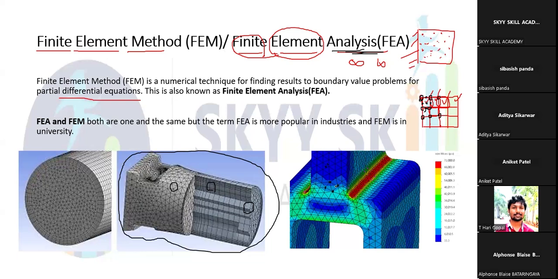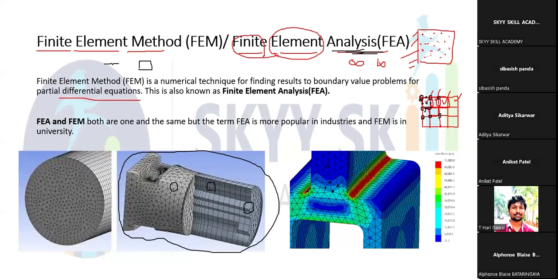For 1D it is going to generate a line element only. For 2D it is known as your area element, and for 3D it is known as your volume element.